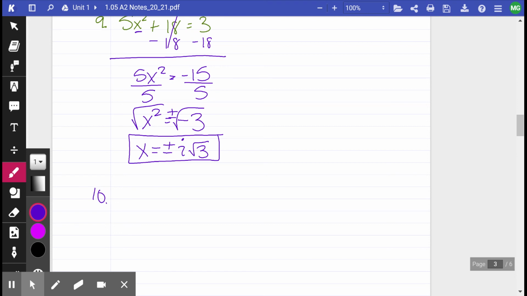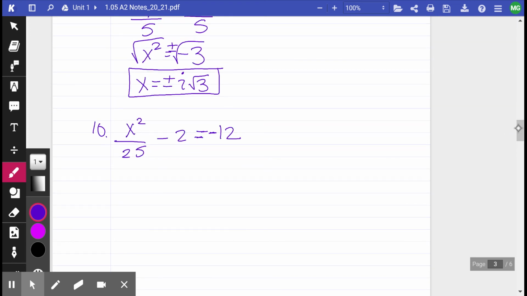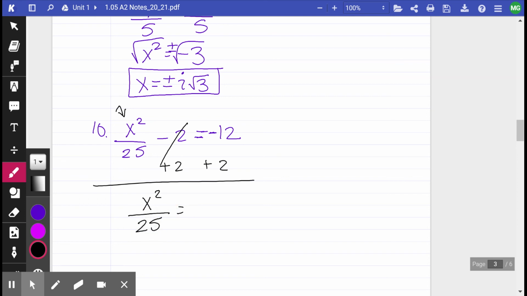Next, number 10. Got x squared over 25 minus 2 equals negative 12. So to do this, again, the main goal here is to isolate your x squared. You need to get it by itself. So to do that, get rid of anything that's being added or subtracted around it first. We have some like terms here. So x squared over 25 equals negative 10.